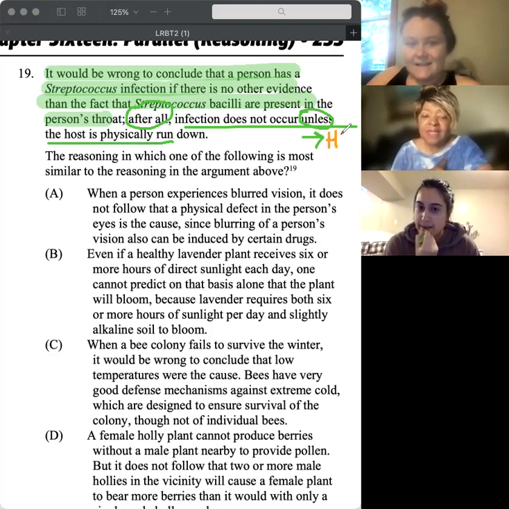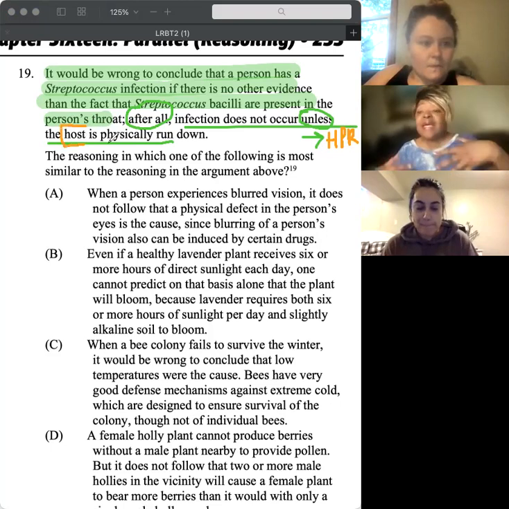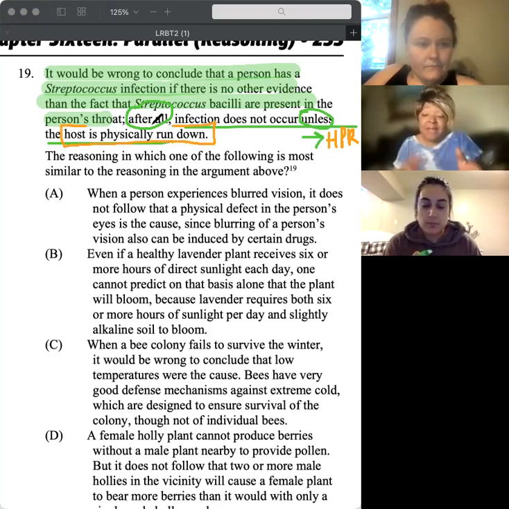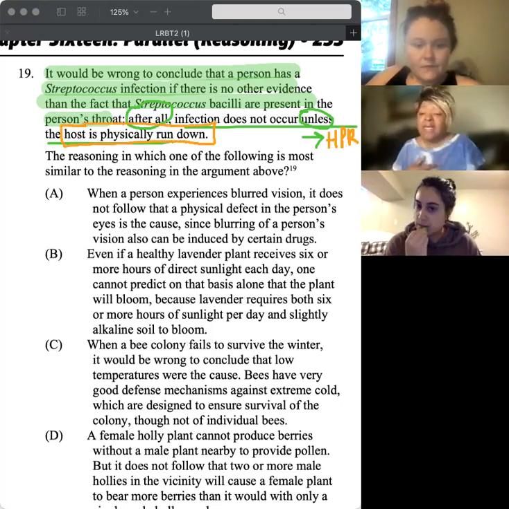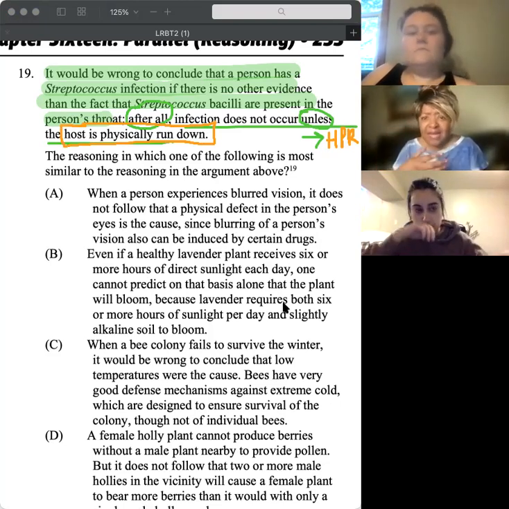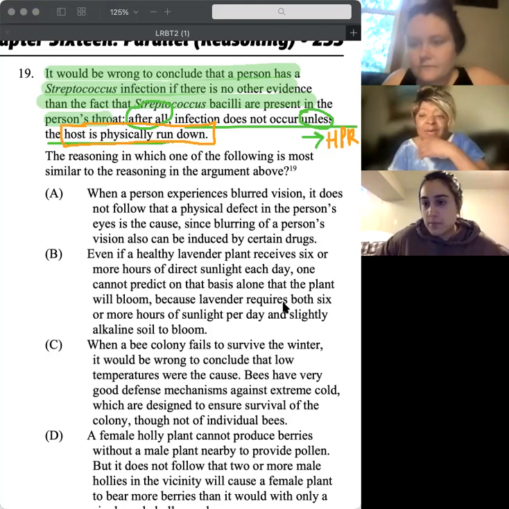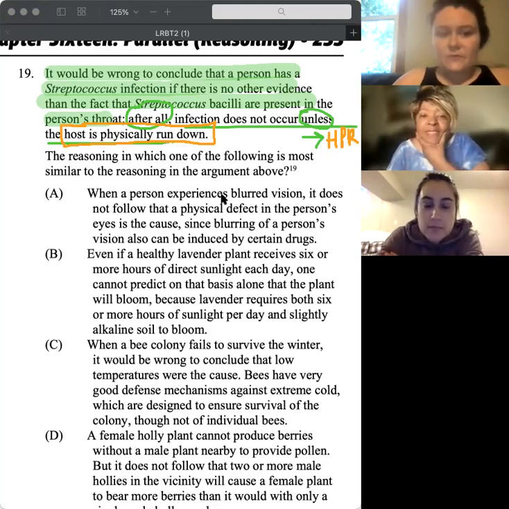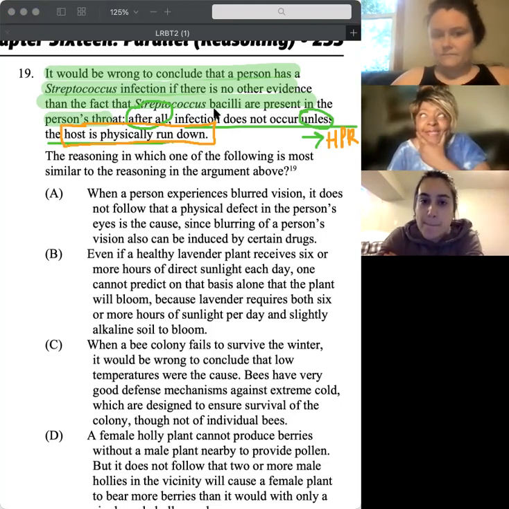Now I guess it's not the "if" but that, but in my mind my thought would be, if your immune system is run down, I know it has nothing to do with that, but what am I missing? So what's our sufficient variable?